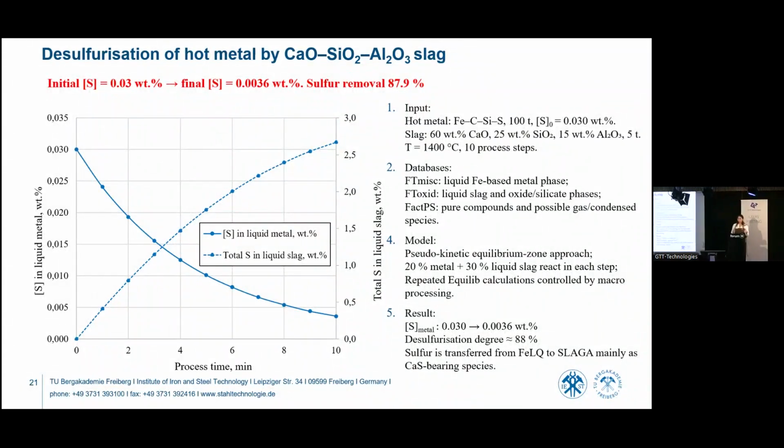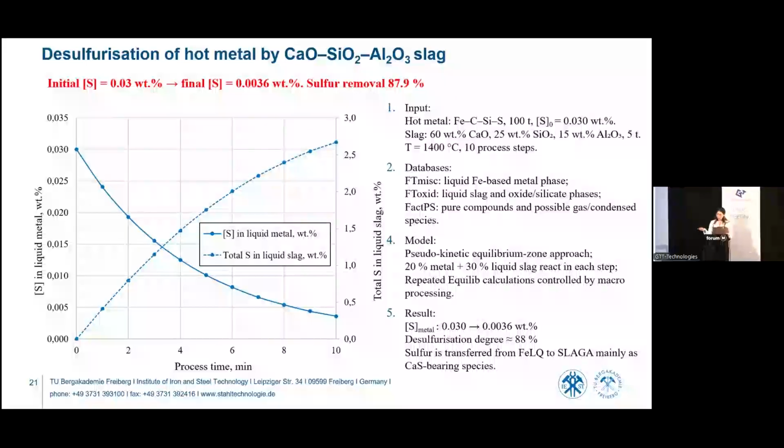After each equilibrium calculation, the sulfur content in metal and sulfur content in slag were written back to Excel automatically. On this slide, this graph was not written manually.